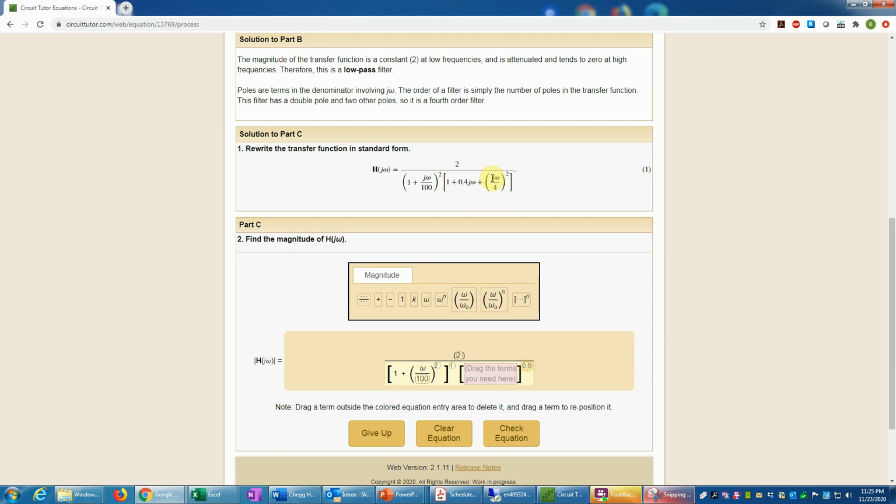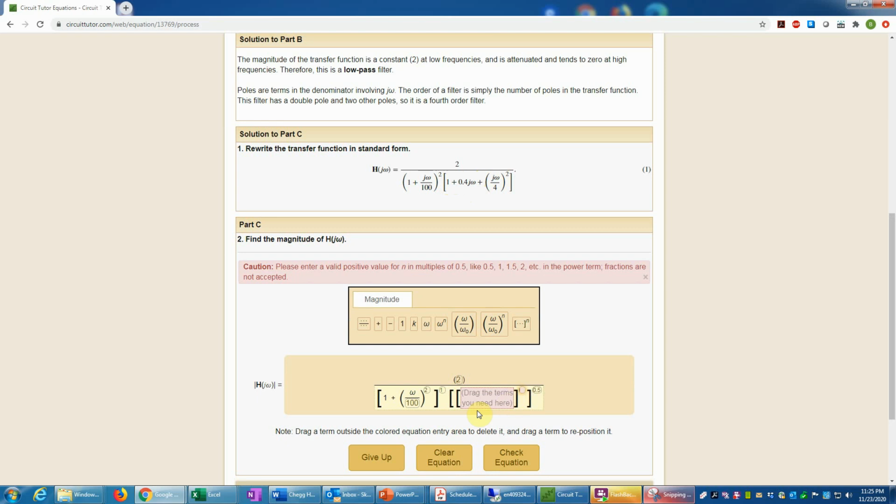And j squared, remember, is not a complex number. It's a -1. It's a real number. So when we square it, this is going to be negative omega over 4 quantity squared. And so the real part of this whole thing is going to be 1 minus omega over 4 quantity squared. So we're going to have to put a bracket inside a bracket to deal with all that.